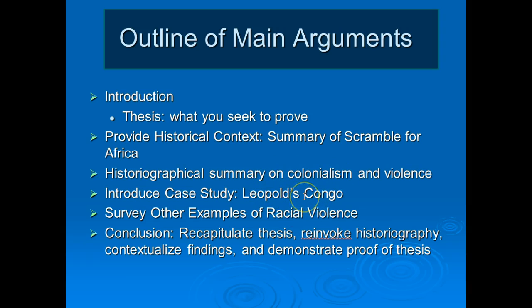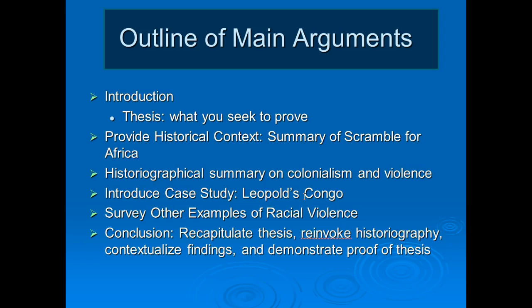In this case, it could be a case study of Leopold's Congo to highlight how these dimensions of violence, profit, and the presumption of the civilizing mission came together to reveal its true essence. Obviously, what happened in the Congo is not the same as Namibia or British South Africa or some other country in Africa.